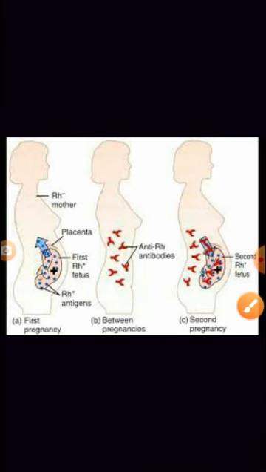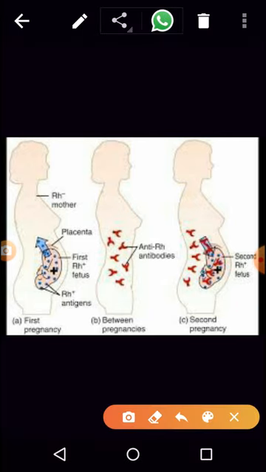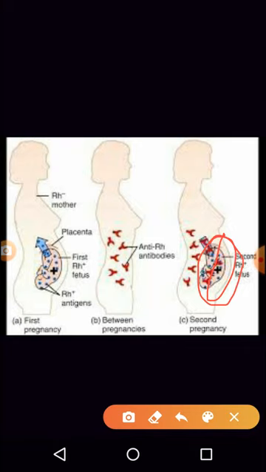So this is what happens during the second pregnancy, resulting in hemolytic anemia. This entire process is called erythroblastosis fetalis, but nowadays this complication does not happen. This happens only if the mother is Rh negative.